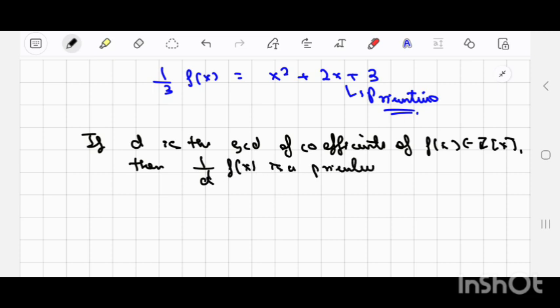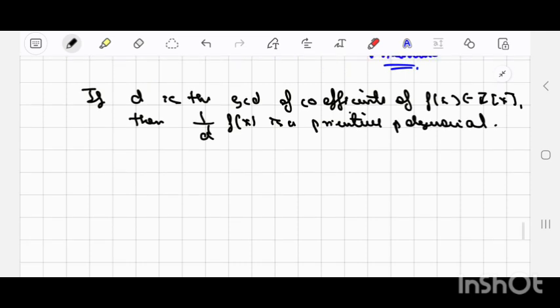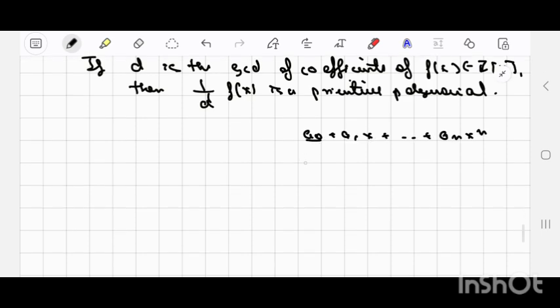This is quite clear, right? If you have a polynomial a0 + a1x + ... + an x^n, and the GCD of the coefficients is D, you can write it as D k1 + D k2 x + ... + D kn x^n, where k1, k2 till kn are coprime. That comes from the usual definition of a GCD, the greatest common divisor. So if I divide by D, we get the coefficients k1, k2 till kn, and they are coprime, so the GCD must be 1.